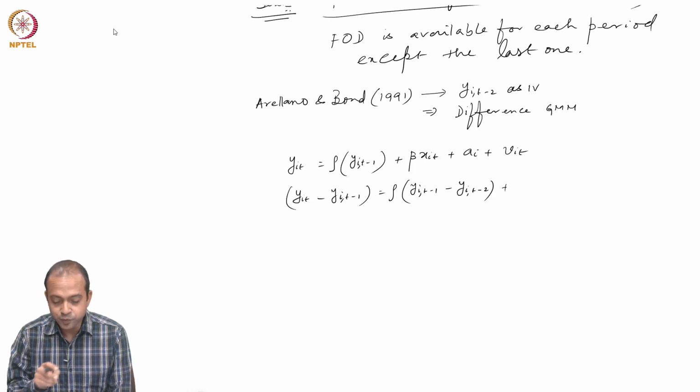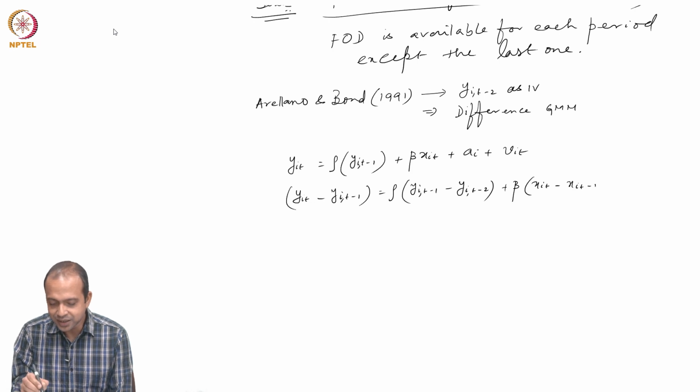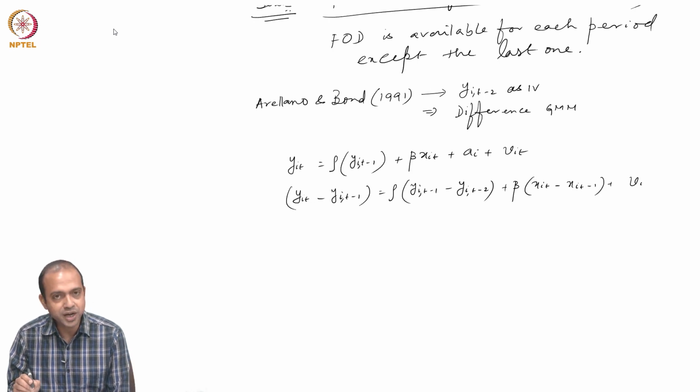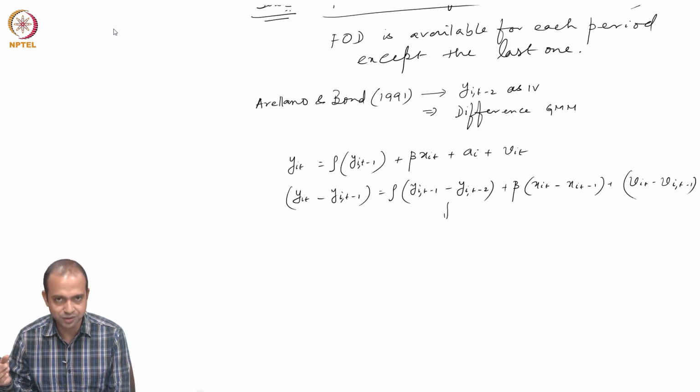Now, it is proved that when you use yit-2, that means a lag of level, as an instrument for delta yit-1, a variable which is in differenced form, then that acts as a poor instrument.